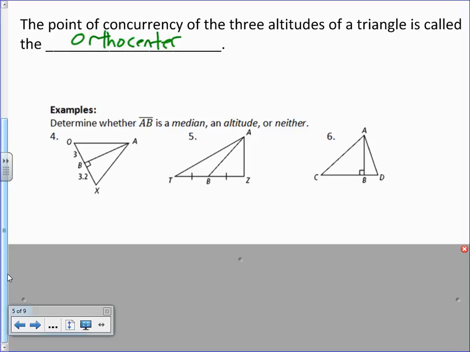So it's a perpendicular line from the vertex down to the opposite side. So I'm going to look at these, and I'm going to say number 4. It looks like it could be close to either one, but for it to be a median, these two would have to be congruent. Since they're not, this is just an altitude.